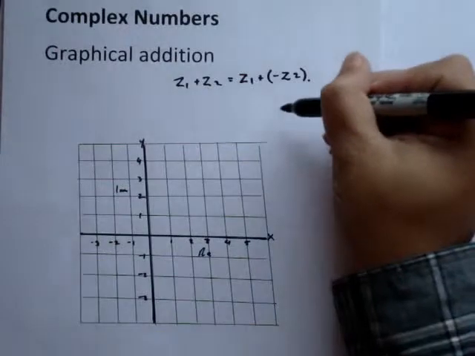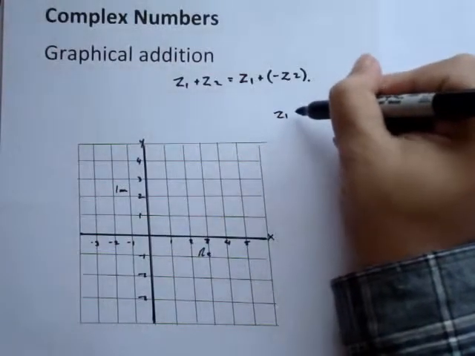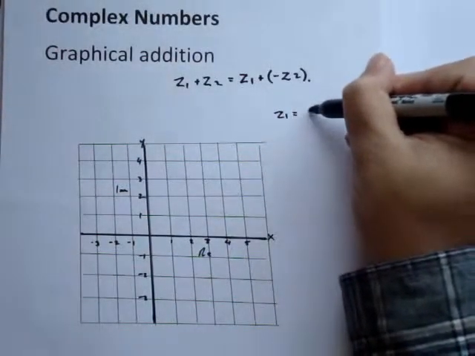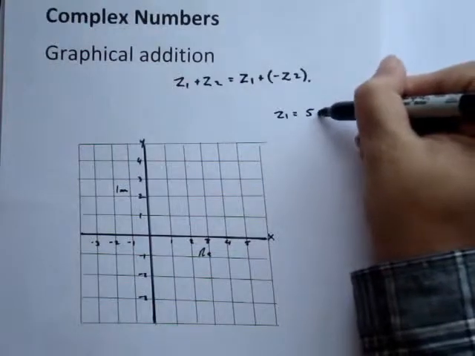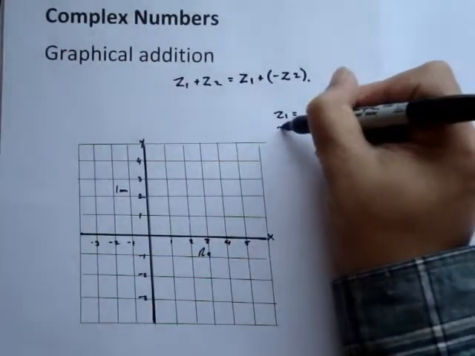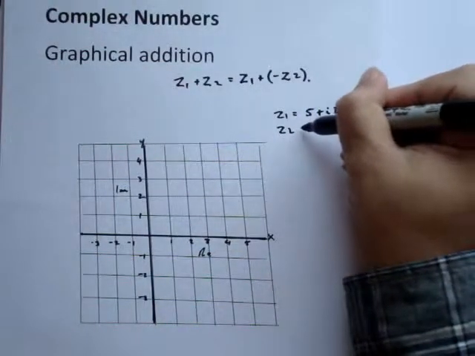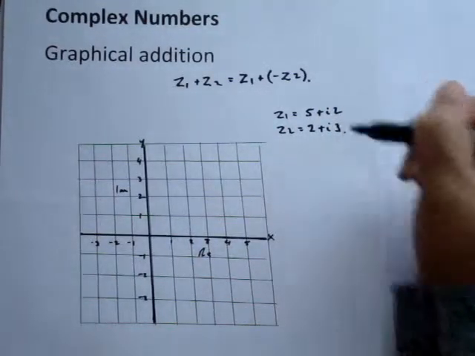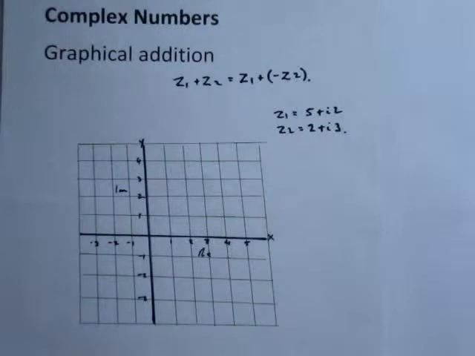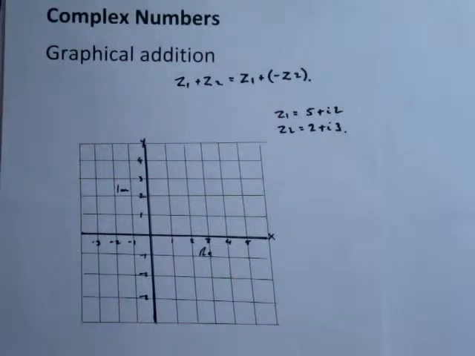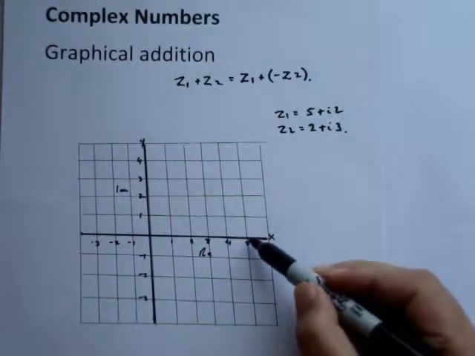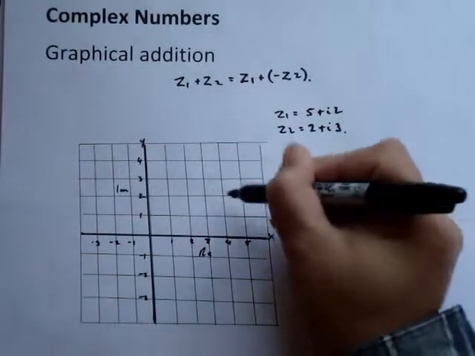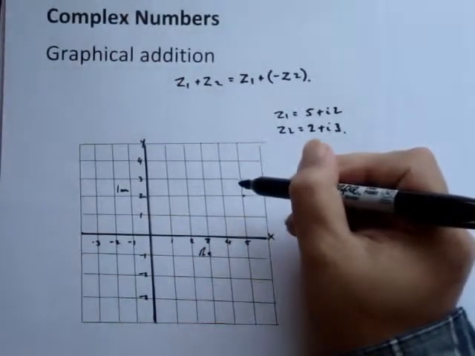So if we have z1 as a complex number 5 plus i2 and z2 as 2 plus i3, let's draw these on our Argand diagram. So our z1 would be along the real axis 5 and up 2. So that would be here.